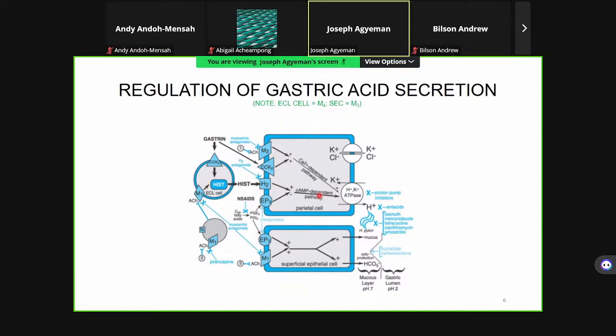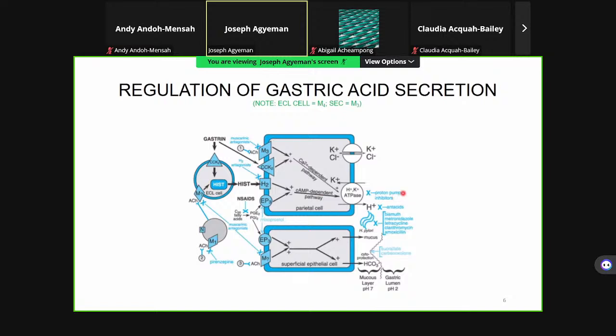And when these proteins are activated, then the cytoplasmic bound ATPase can now be transported from the cytoplasm onto the cell membrane to establish the gate so that hydrogen can now move through it, and in exchange, potassium comes in to maintain electrical neutrality.